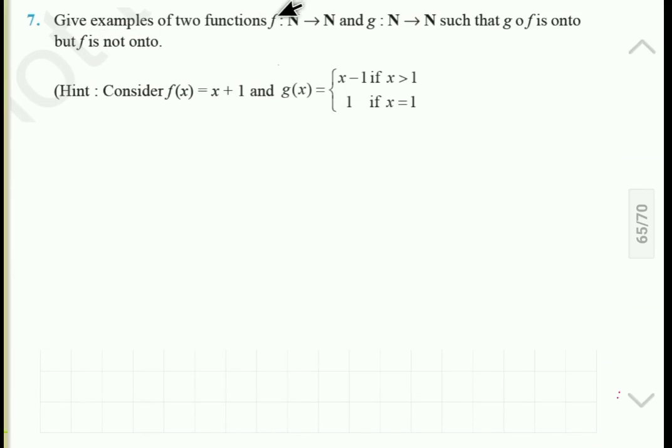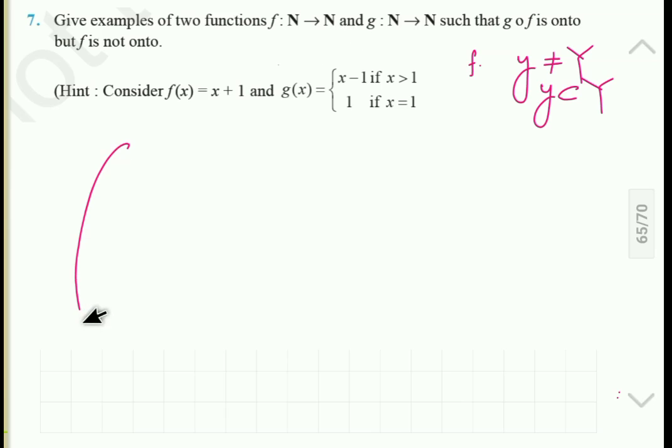Question number 7. Give an example of two functions f and g such that g∘f is onto but f is not onto. f is not onto means its range is not equal to codomain, or its range is a proper subset of codomain. Let us see it with the help of a mapping diagram.